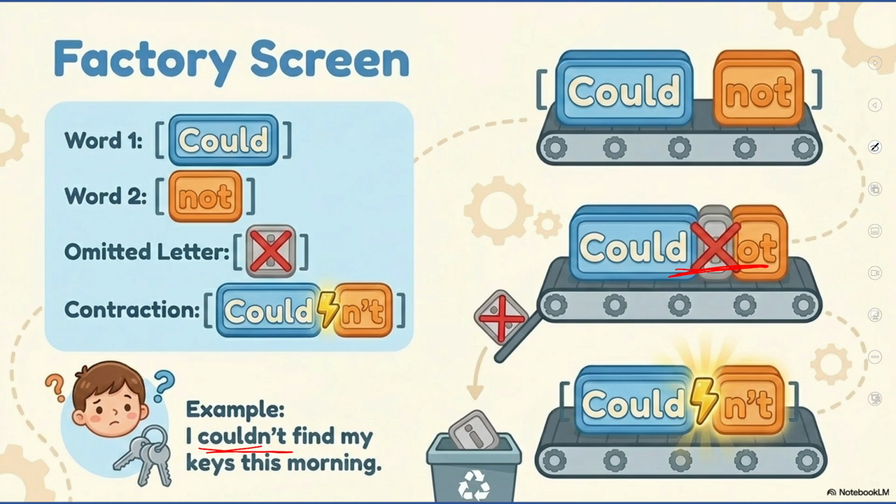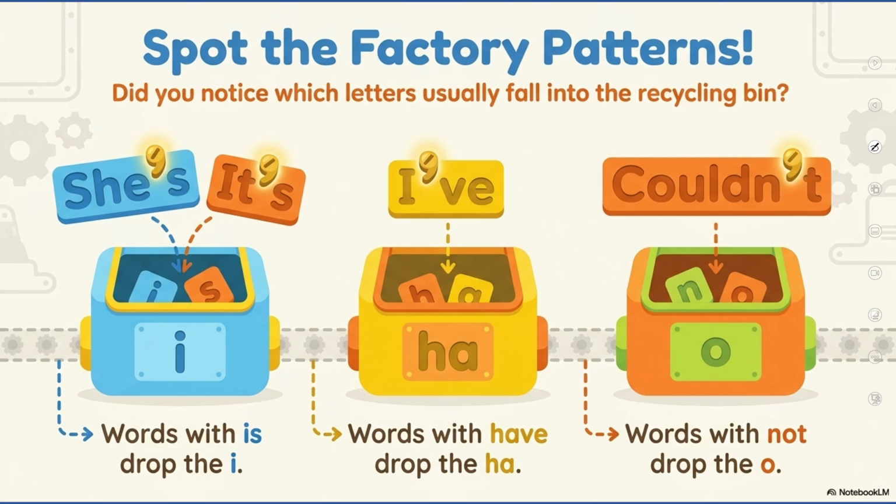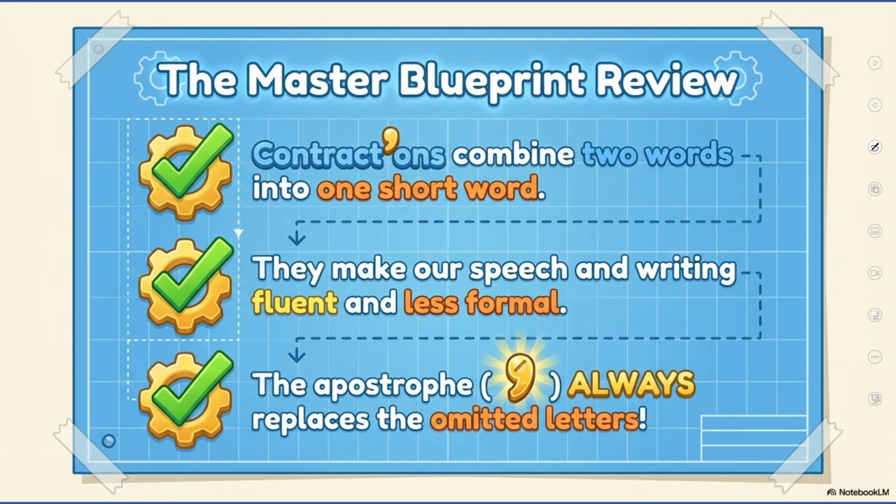Sometimes we do not say the contracted word, and sometimes we say it. For example, we are not going to say could not, we are going to say couldn't. So in some cases we remove i, for example this one. In some cases we remove h and a, for example I have, and in some cases we only remove o, for example in couldn't.